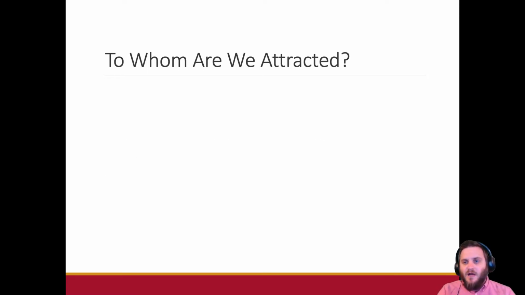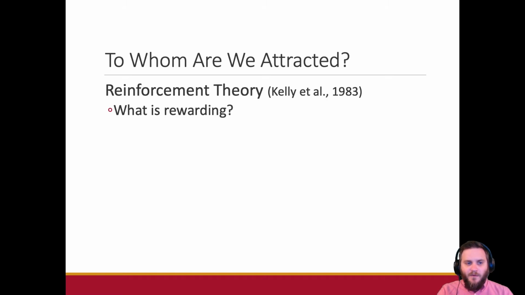Okay, so let's talk about to whom are we attracted. Who are these people? We're going to couch this within reinforcement theory. So what is rewarding? Things about the people we find rewarding, whether their personal characteristics, the fact that they have tangible resources or can get tangible resources, or they have indirect means of those resources that will help you get them.